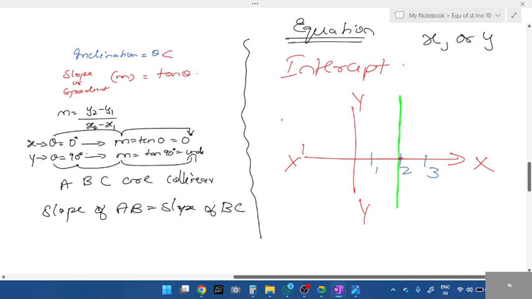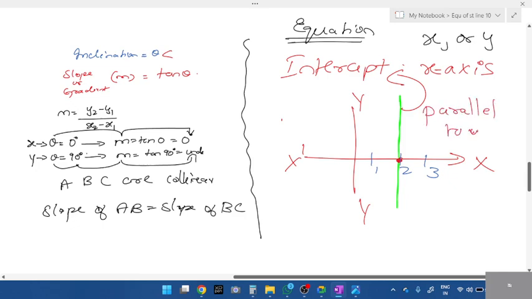Which point is it crossing? 2, right? 2 at which axis? And parallel to which axis? Line is parallel to y-axis. So this one green line, we call it is intercepting x-axis. It is intercepting x-axis and it is parallel to y-axis.